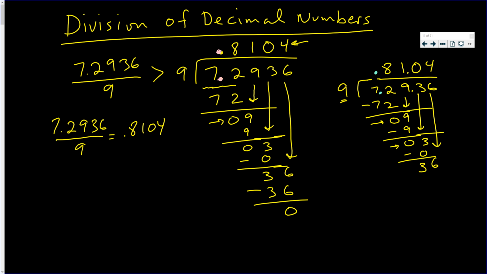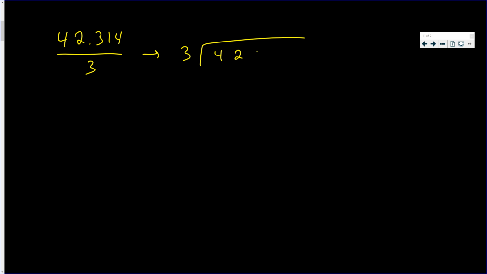The next problem is 42.3142 divided by 3. That means you do 3 into 42314. Now, whether you put the decimal there or not initially doesn't matter.